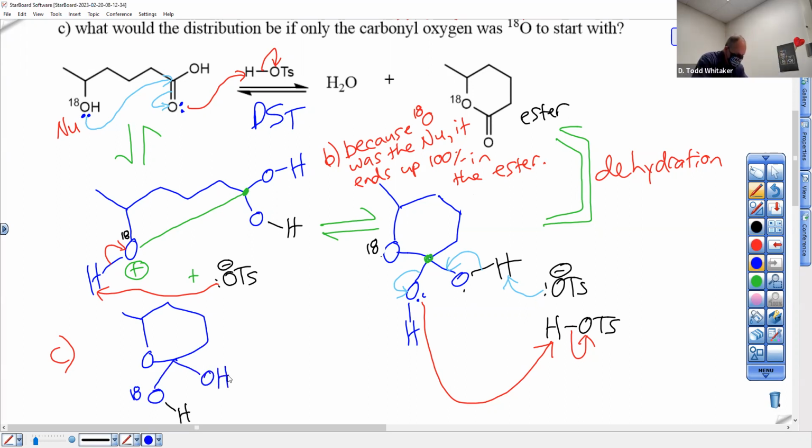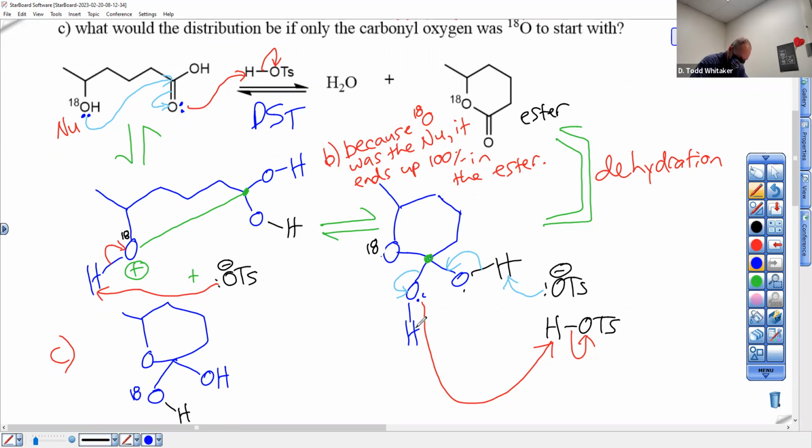What would the distribution be if only the carbonyl oxygen was O18? So this has got to change. And the 18 moves from here to here. There's no 18 here. That's what only means. It's only here, which means it ends up here. Okay, now the question is, when you're dehydrating, did you have to take the H off of this O and lose this OH?